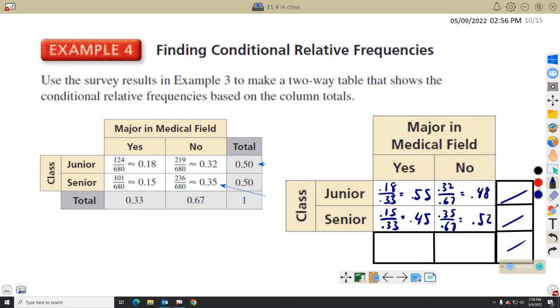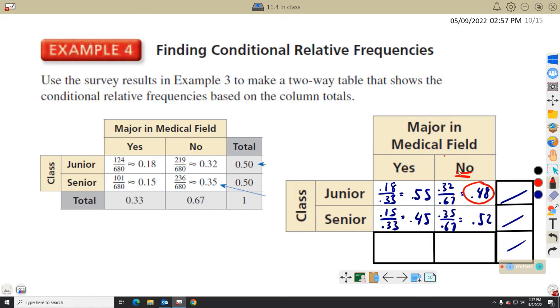So for example, here, take a look at that. Given that a student is not planning to major in a medical field, so in other words, we're only looking at the data here, right? What's the condition? That a student is not planning to major in a medical field. The conditional relative frequency that he or she is a junior is about 48%.